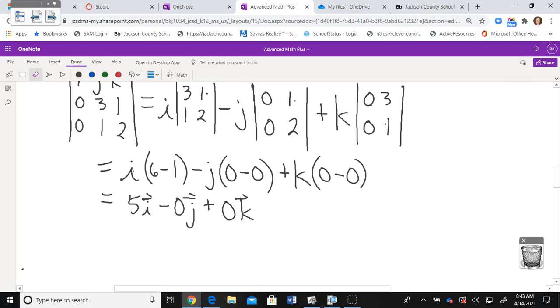Remember yesterday you had some vectors that you wrote as ordered triples and some as the sum of unit vectors. So this is the sum of unit vectors. If I wanted to write it as a triple, I would just put 5, 0, and 0. Okay? So that's my cross product.